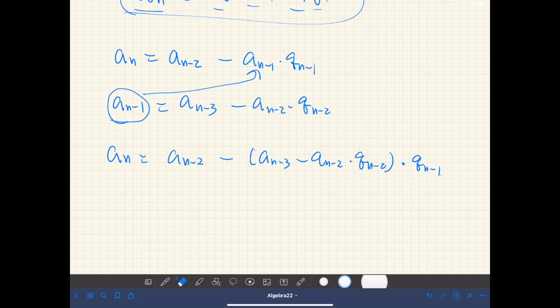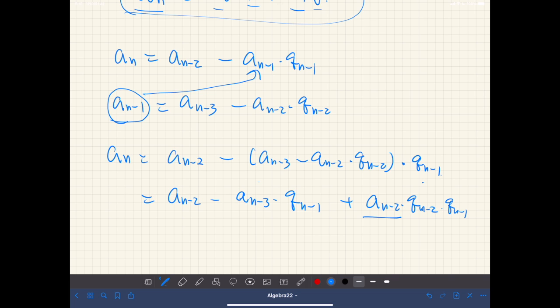Expanding this, we have An-3 times qn-1 plus An-2 times qn-2 times qn-1, but we have An-2 here and here.